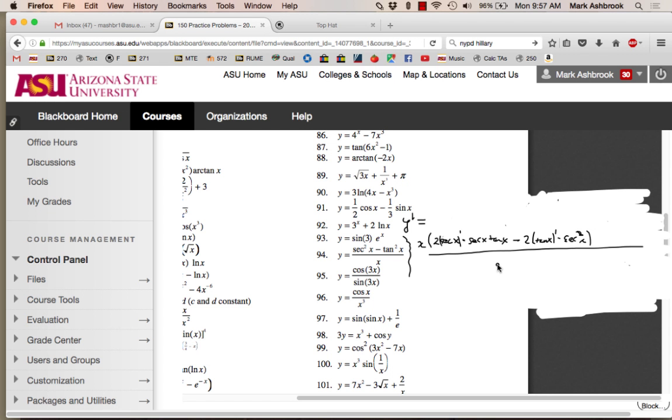Totally lost. This is right. I think this is right. Okay. Yeah, make sure you get that worked out because I don't know what you're talking about.